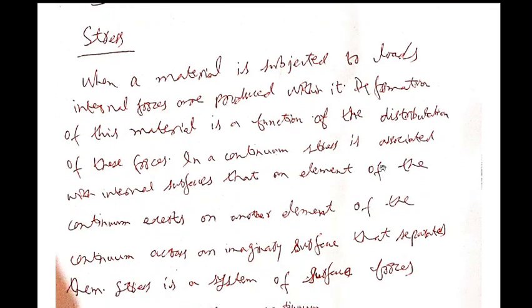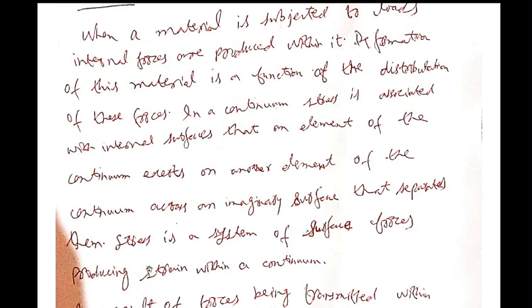We know that in a continuum, stress is associated with internal forces that an element of the continuum exerts on another element of the continuum across an imaginary surface that separates them. What does this mean?